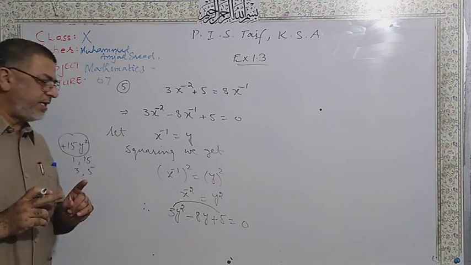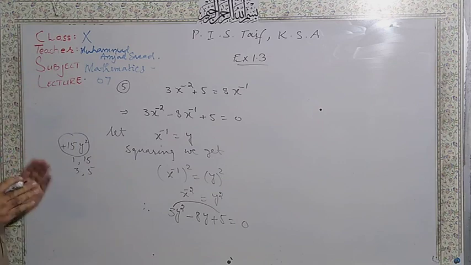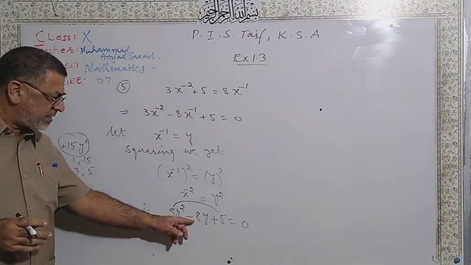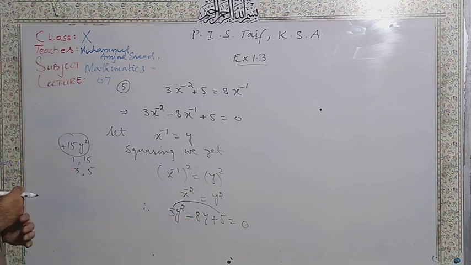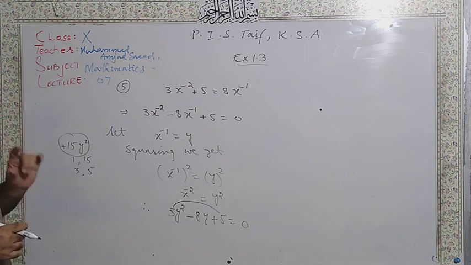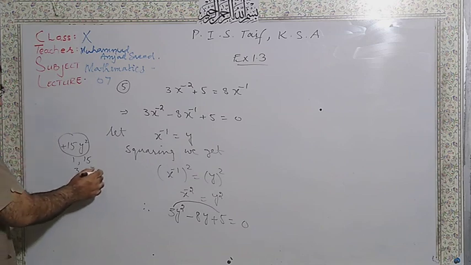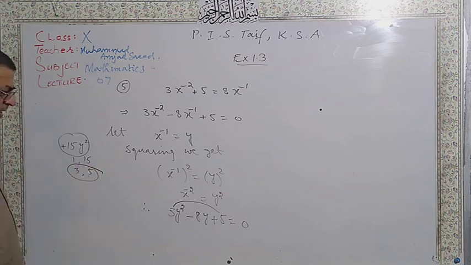Remember that again: whichever pair is suitable will give you minus 8 when added and positive 15 when multiplied, and definitely 5 and 3 is the suitable pair.